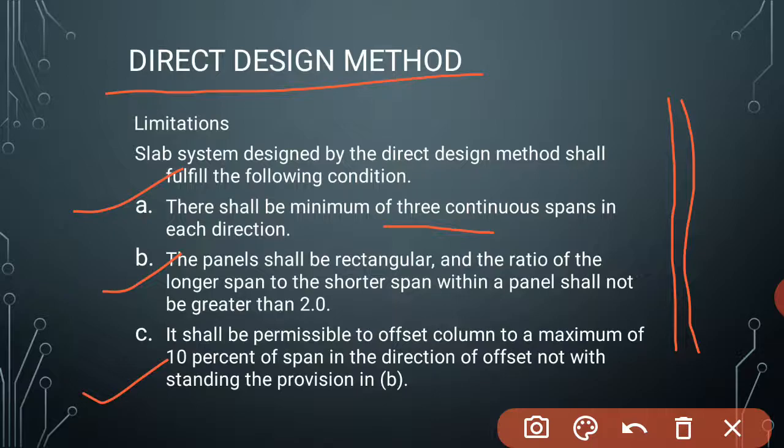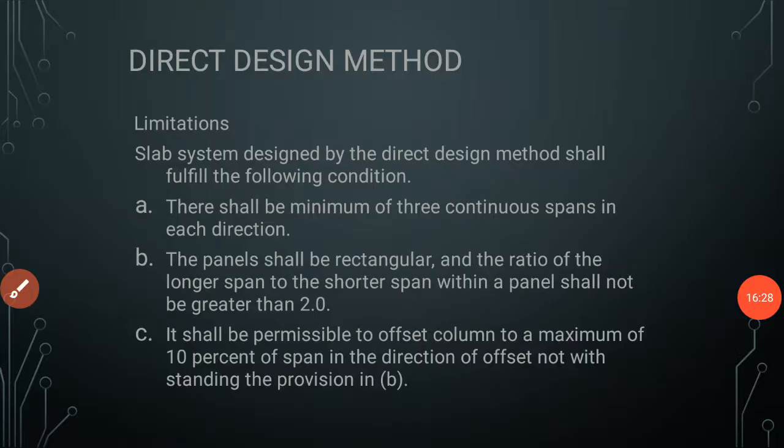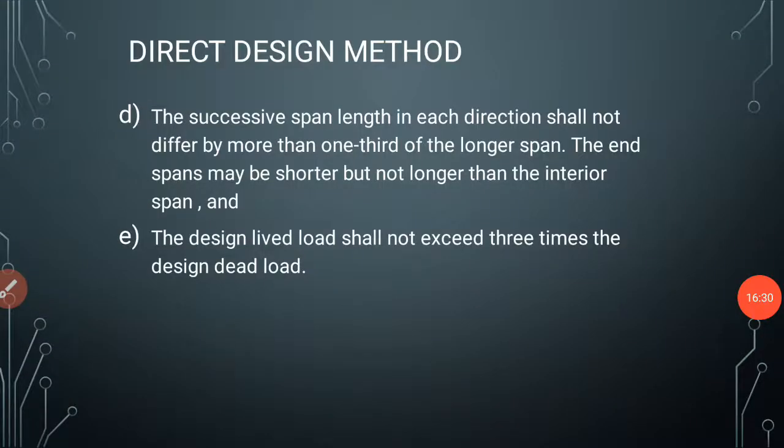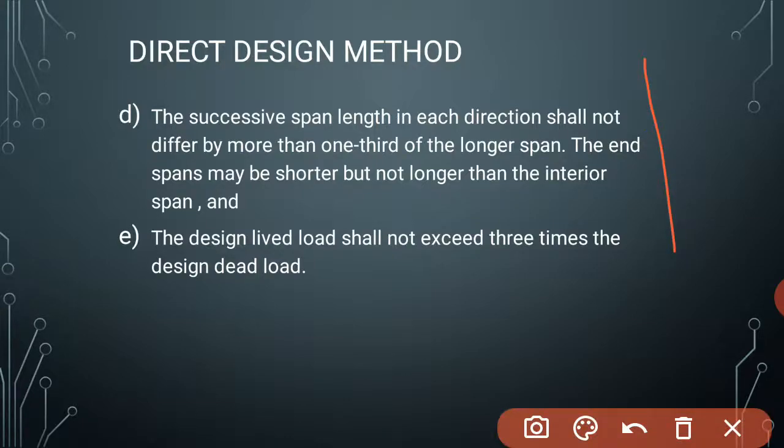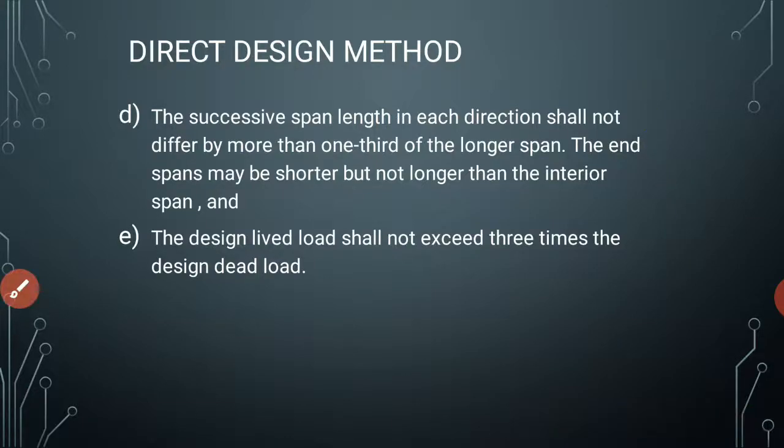And it shall be permissible to offset columns to a maximum of 10% of the span in the direction of offset. And the design live load shall not exceed 3 times the design dead load. So these are the criteria if we have to design by the direct design method.